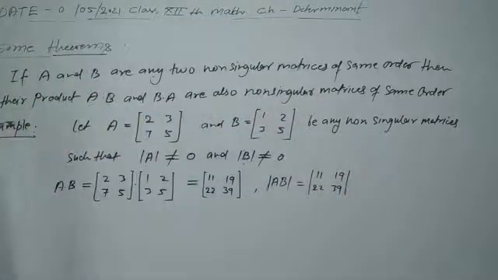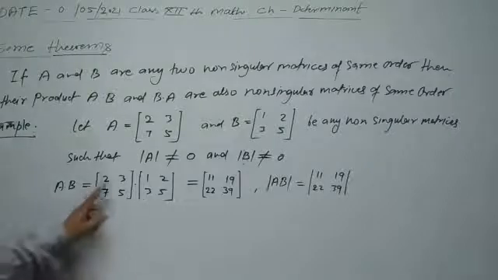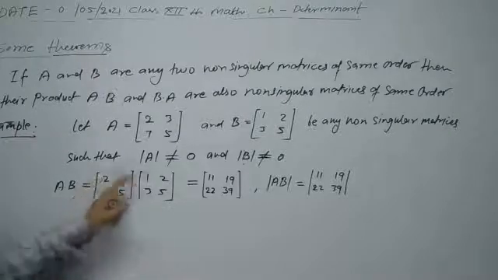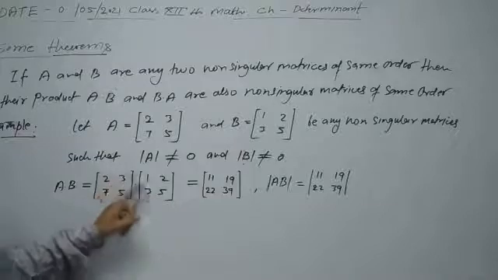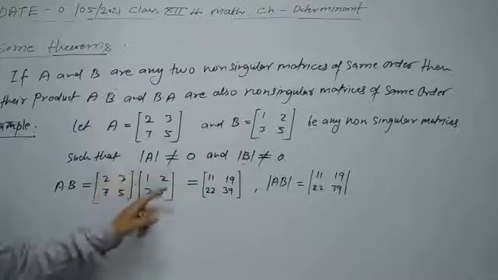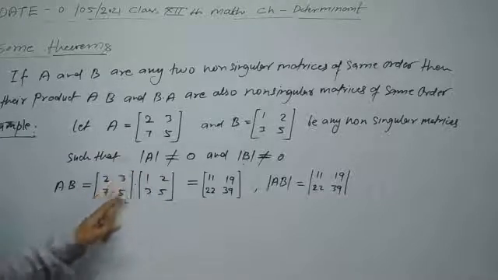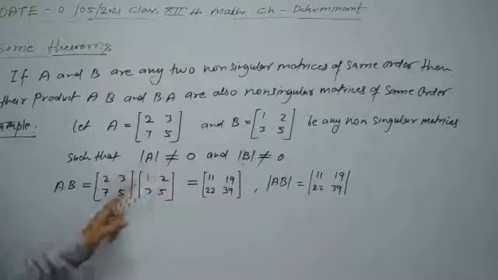This result is not equal to 0. 2 1s are 2 plus 9, that is 11, 2 2s are 4 plus 15, that is 19, 7 1s are 7 plus 15, that is 22, 7 2s are 14 plus 25, result is 39.